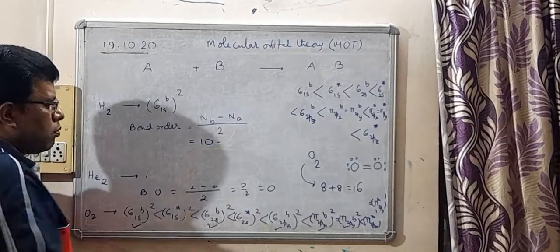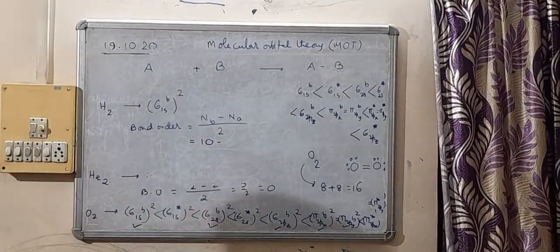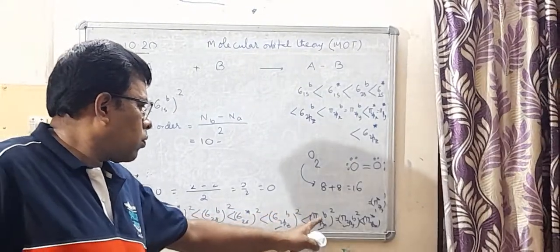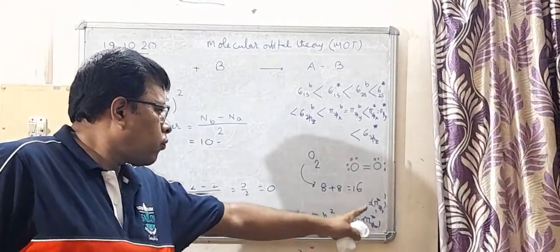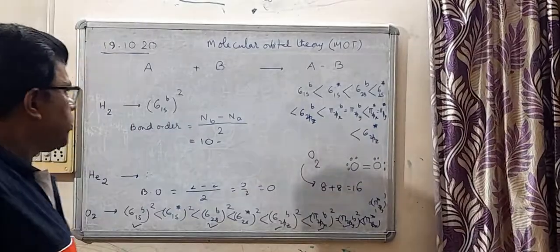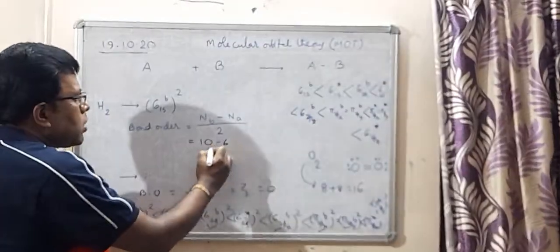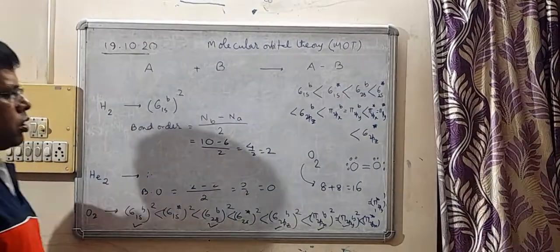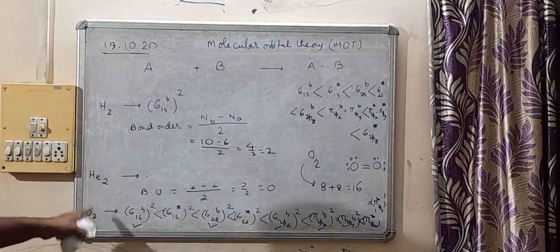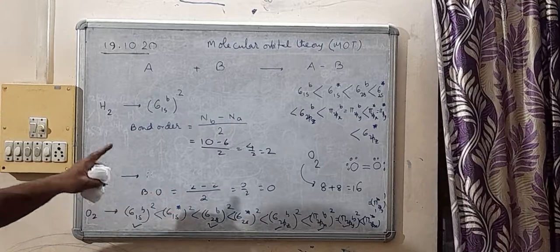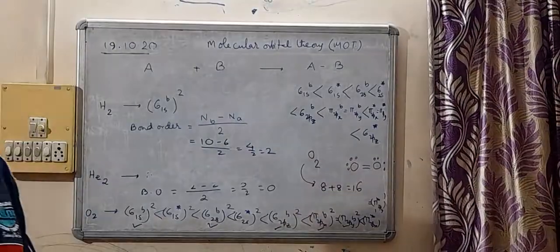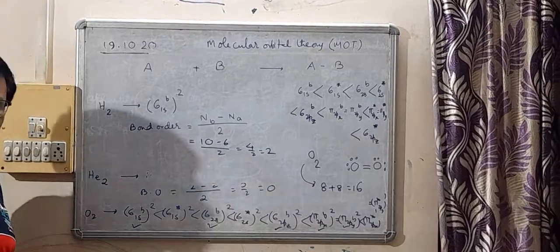So 10 minus anti-bonding electrons 2, 4, 5, 6. 6 by 2. So 4 by 2, 2. So bond order 2 means, like in oxygen, there is a double covalent bond, as we got in valence bond theory.